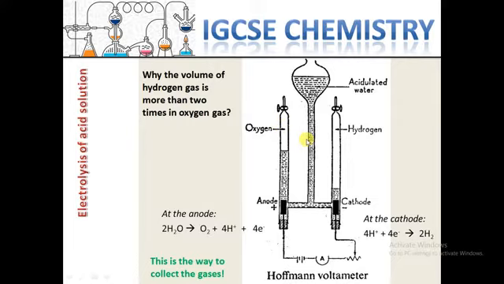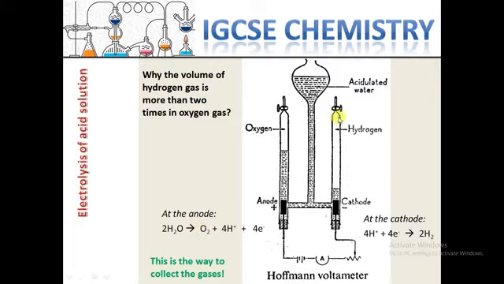How can we give this answer? We need to look at the molecules here, oxygen, and here hydrogen. If you compare the oxygen and hydrogen, you can see that in each reaction, hydrogen gas is produced as 2 moles, double the oxygen gas, which has only one mole.